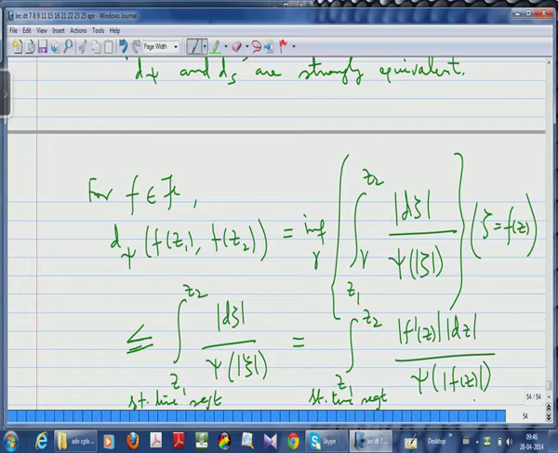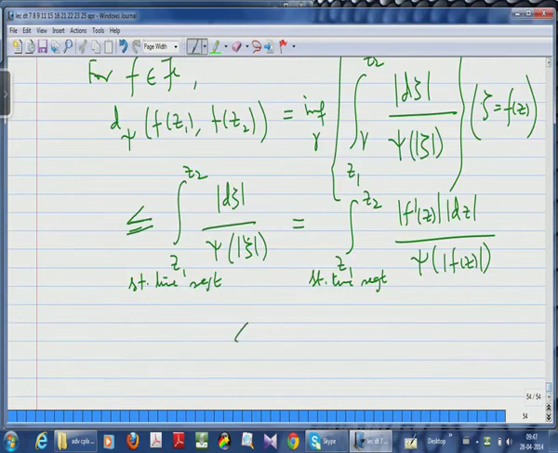But then what is the hypothesis in the theorem? The hypothesis in Royden's theorem is that the numerator of the integrand, mod f dash of z, is bounded by psi of mod f of z. So it means that this integrand is less than or equal to 1. So this is less than or equal to the integral from z1 to z2 over the straight line segment of mod dz.